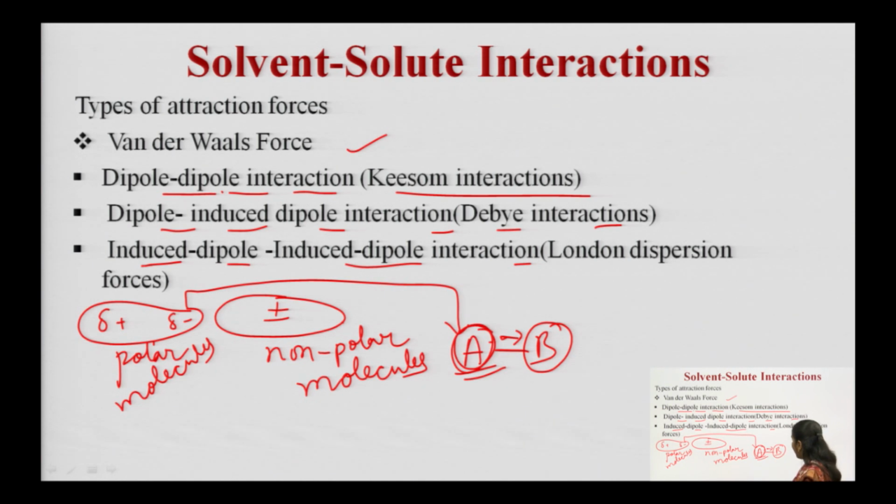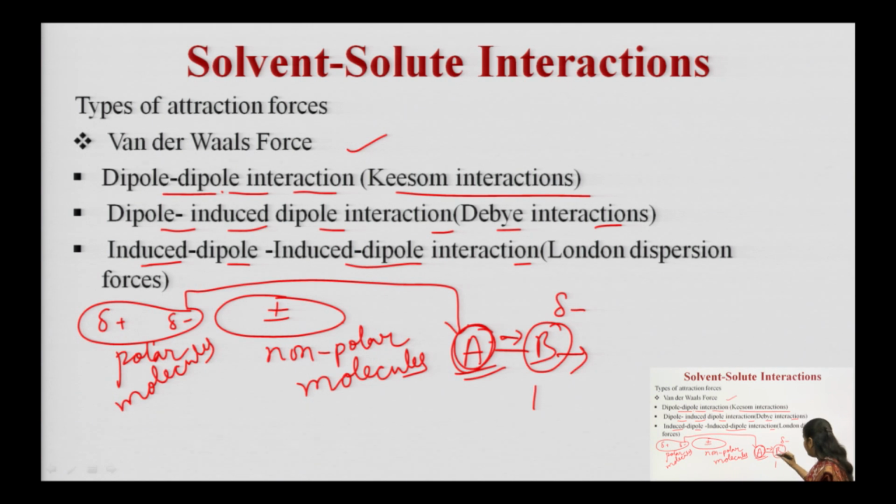As it attracts the electron cloud toward itself, it will get a slightly negative charge, and this occurs only when there is a sufficient electronegativity difference between A and B.